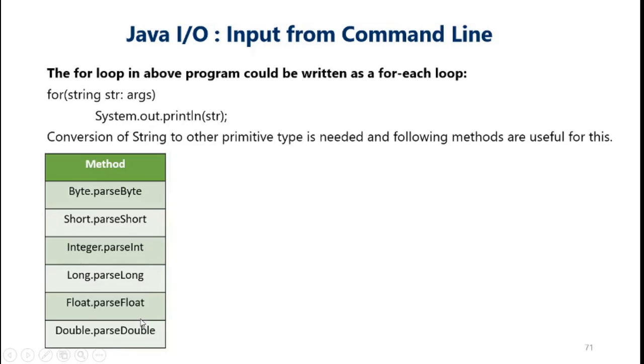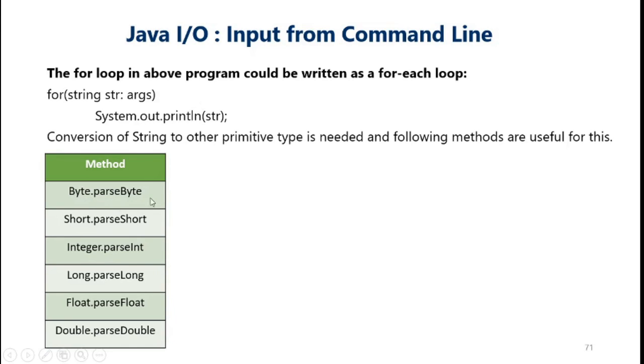But if you want to access those arguments as other types, then you can make use of some conversion functions. So conversion of string to other primitive types is needed, and following are some methods which are useful for this. So what are the methods?